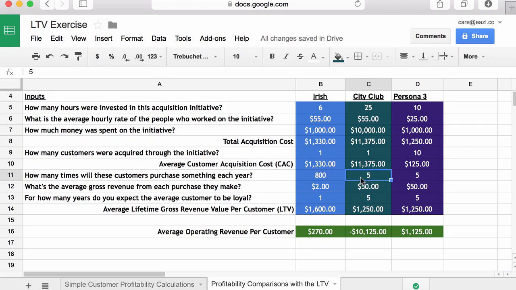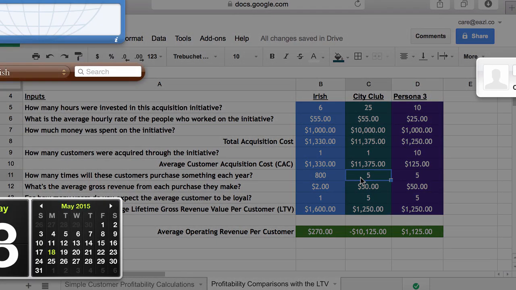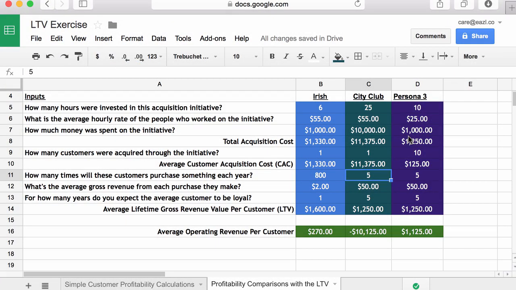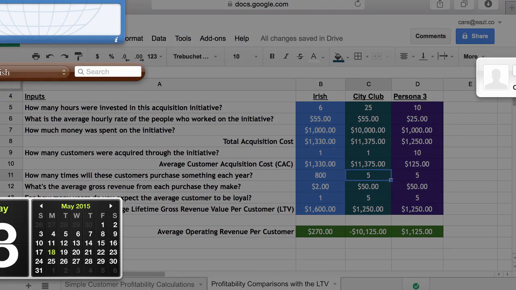Okay, but the perk is that the City Club is going to sell many more tickets than the Irish is. We estimate, based on what we've seen from their ticketing sales, that they're going to sell about 200 tickets a week.